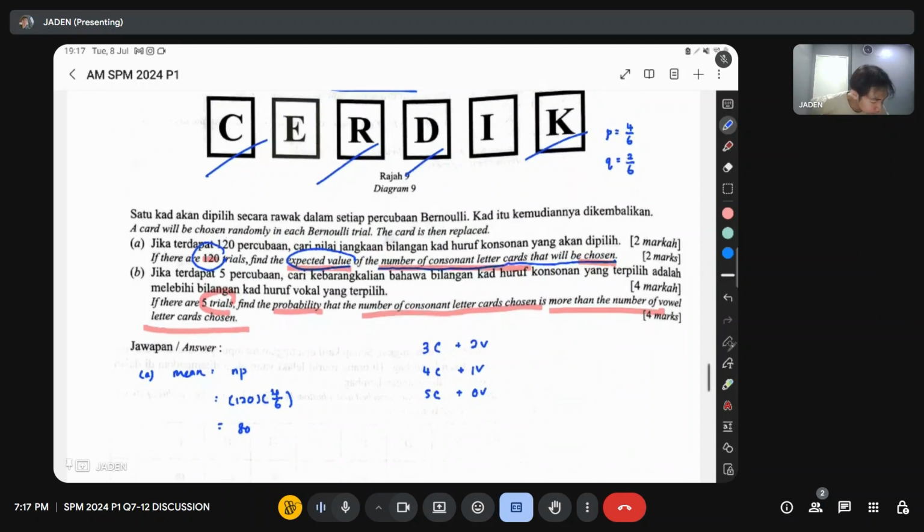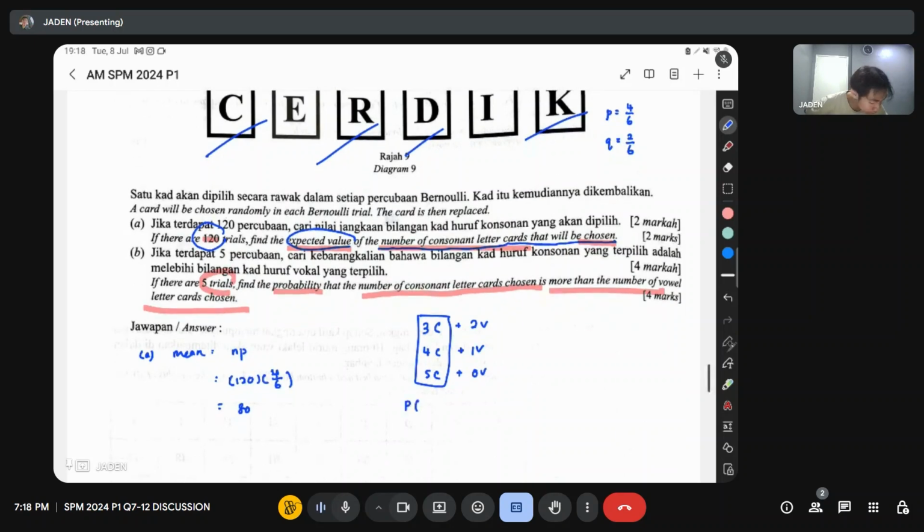However, right now we only focus on the consonant. So that means I have to calculate the probability of x equal to 3, x equal to 4, and x equal to 5. I have to calculate this.